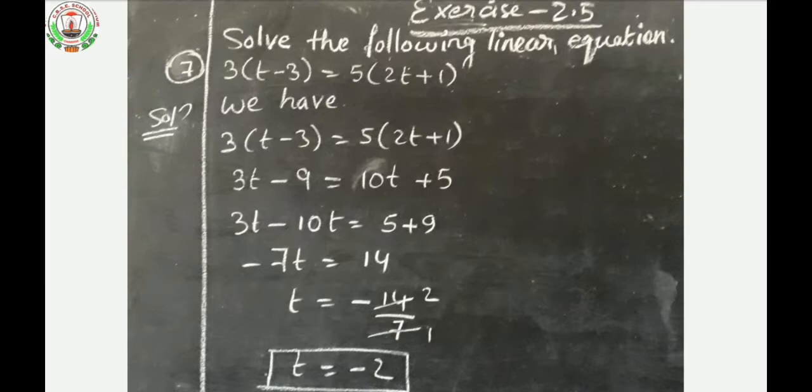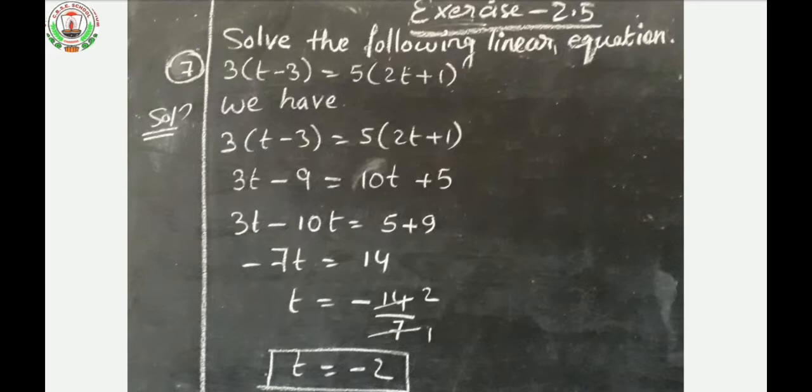So t equals minus 14 upon 7. The coefficient of t is minus 7, that will go in the denominator of 14 along with its sign. So t equals minus 14 upon 7. Now 14 and 7 both come in the table of 7, that is 7 ones are 7 and 7 twos are 14.